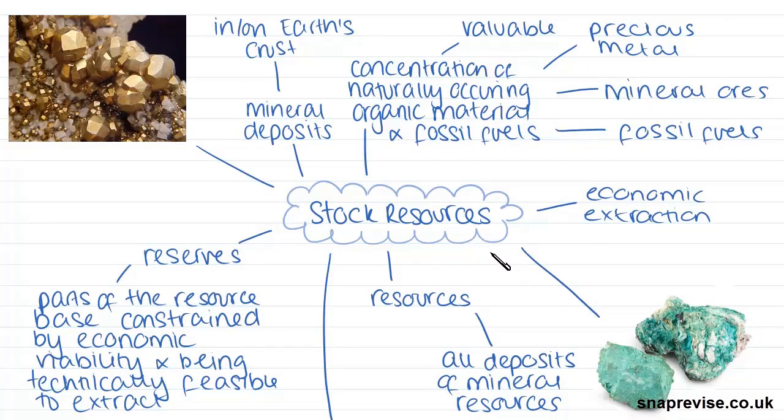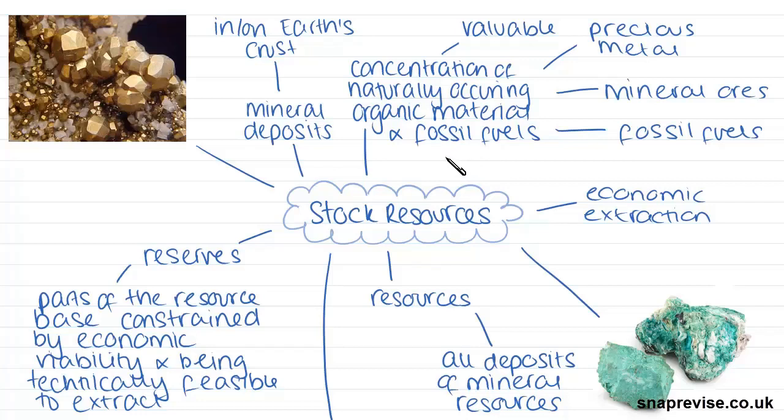previous video. Stock resources are those which have a finite supply, and they are formed over millions of years and are usually found in the Earth's crust. So stock resources are mainly mineral deposits found in or on the Earth's crust, and mineral resources are a concentration of naturally occurring organic material and fossil fuels.